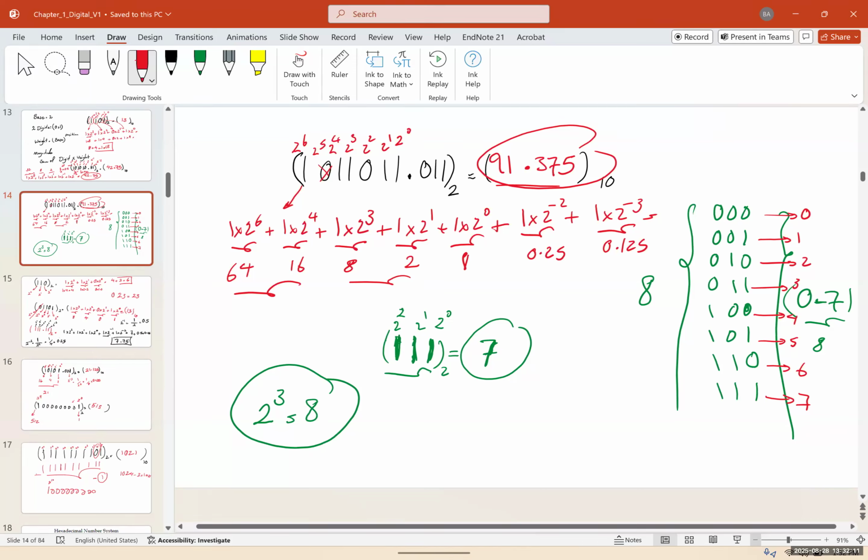So if I have a memory that has 9 bits or 9 digits, 2 to the power of 9 is going to be equal to what? 512. Okay. So the numbers in this 9-digit binary number are going to be between 0 and 511, which totals 512 numbers.